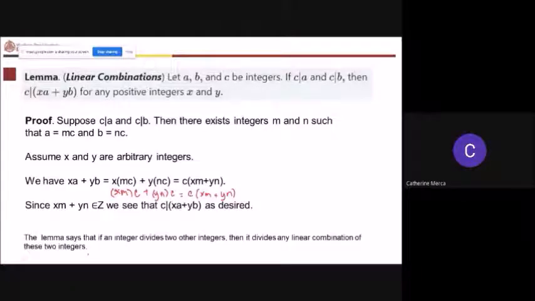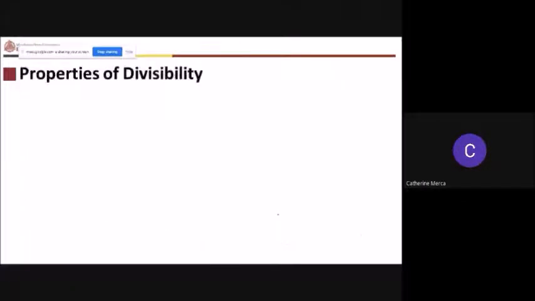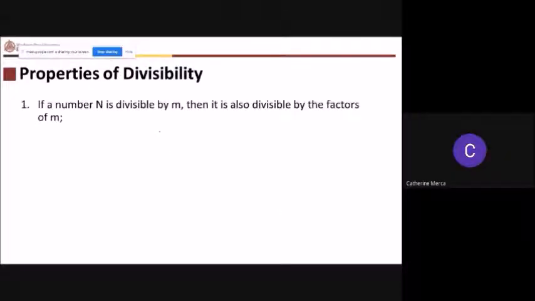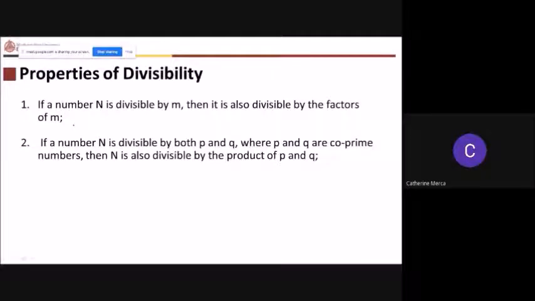What are the properties of divisibility? The first property: if a number n is divisible by m, then it is also divisible by the factors of m. The second property: if a number n is divisible by both p and q, where p and q are co-prime numbers, then n is also divisible by the product.